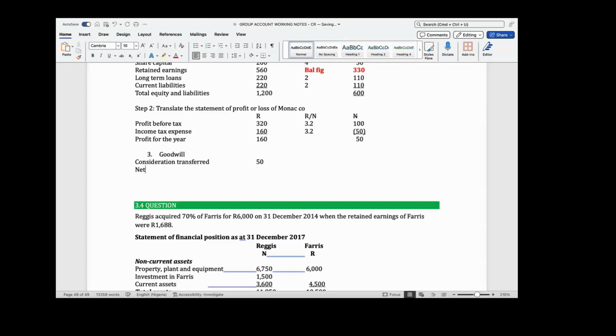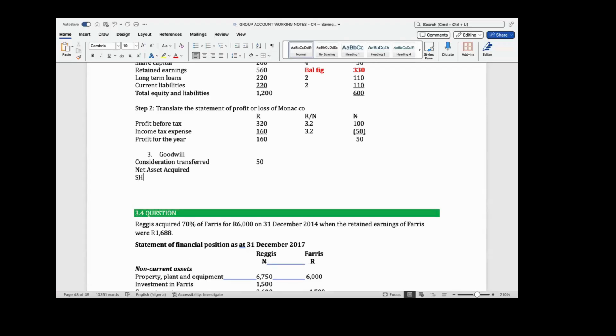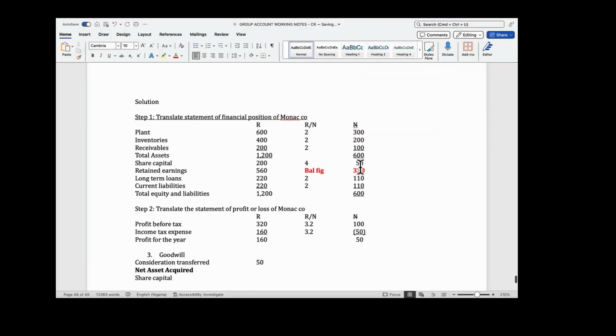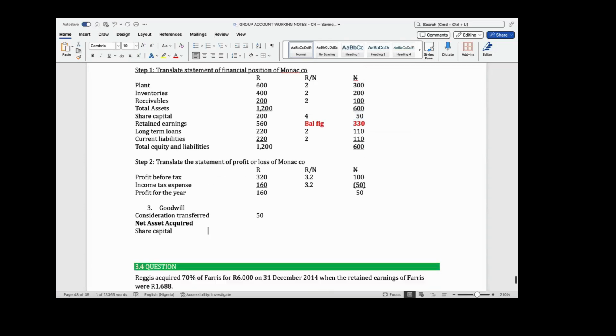And what's the net asset acquired? Since we acquired the subsidiary since incorporation, that means we won't have any pre-acquisition reserves. So the net asset we will have is basically the share capital of the subsidiary, which as you can see here is 50 naira.